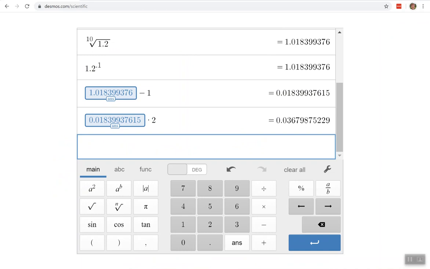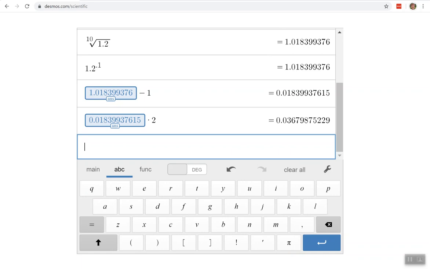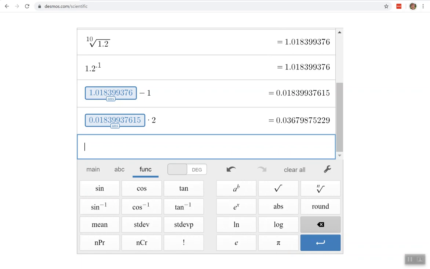We should have a button for the number E, and I don't see it here, so let's see if we can find it somewhere else. That's a keyboard. That's probably not going to help. Here, aha. So there's a button E to the X. You might have a similar button, E to the X, or you might just have a button for E and then use the exponent after that.